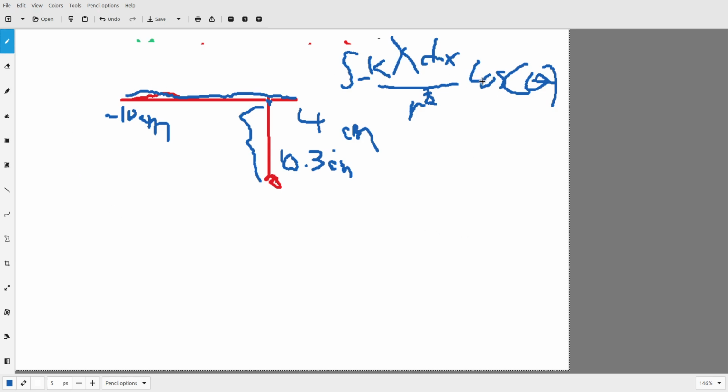So let's do this. We have k lambda x dx all over r, which is still the square root of x squared plus y squared, by the Pythagorean identity, to the 3/2.